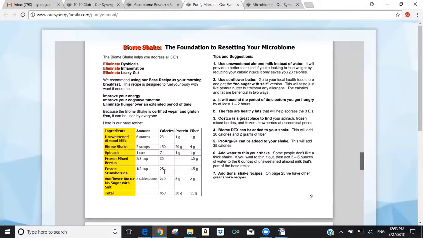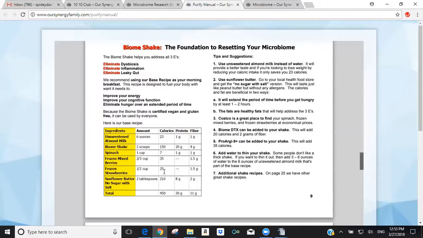No matter what they choose, they're going to be replacing a meal with a biome shake. So you want to make that biome shake such a good taste sensation that every day they look forward to having a biome shake because of the way it tastes and the way it makes them feel.